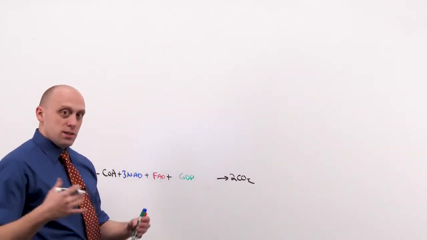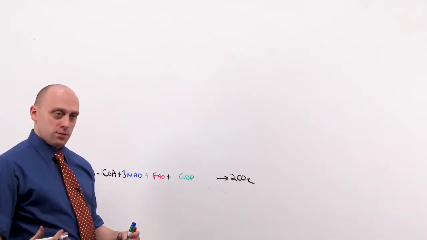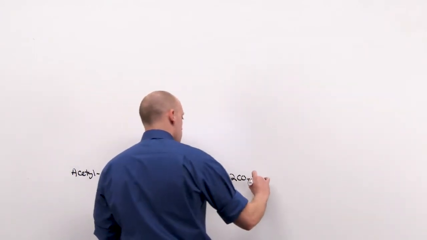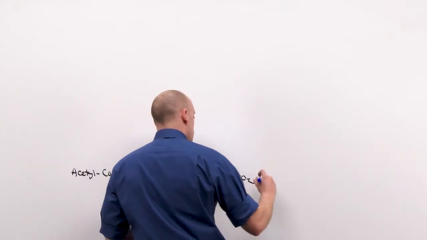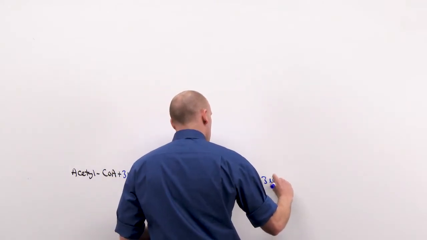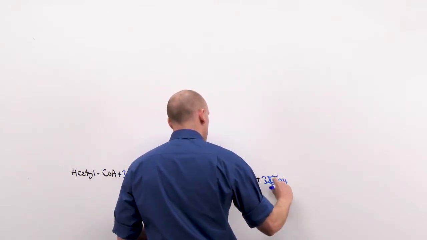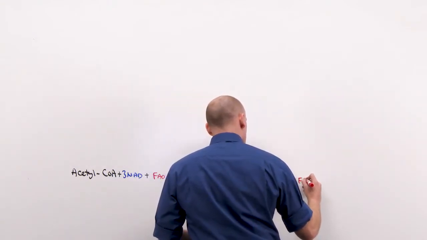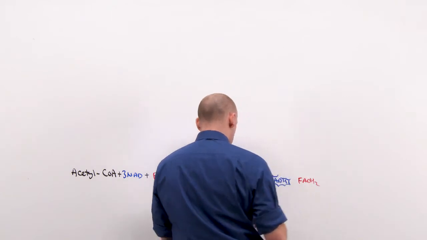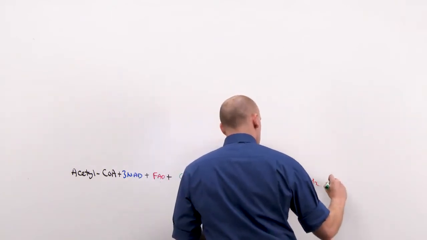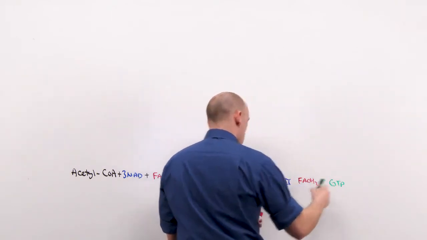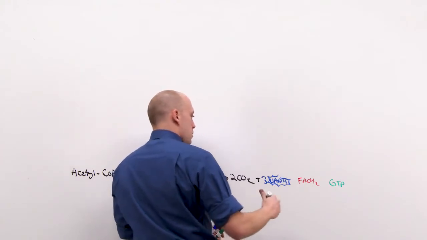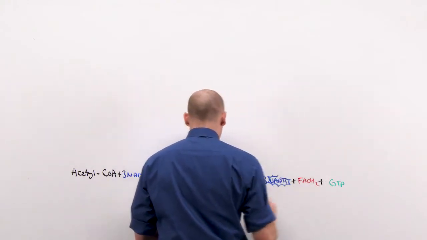And therefore, the yield of the citric acid cycle, the reason why it's so important, is that it yields high energy compounds: 3 NADH, 1 FADH2, and 1 GTP. And we don't discriminate, GTP is basically ATP.